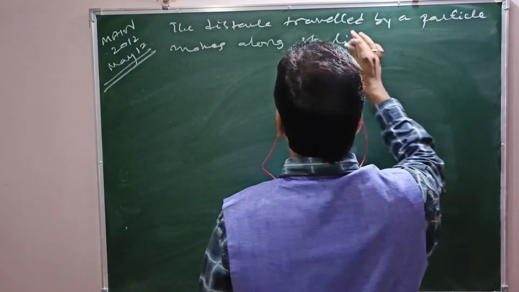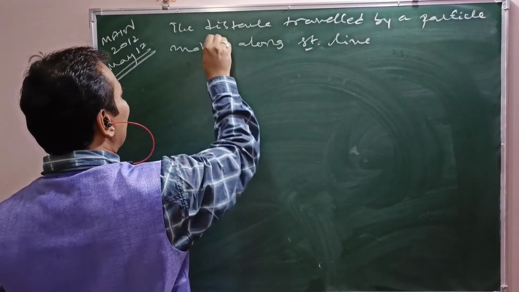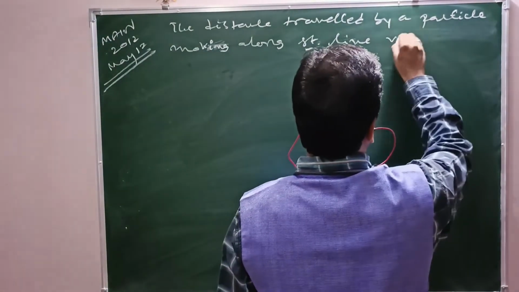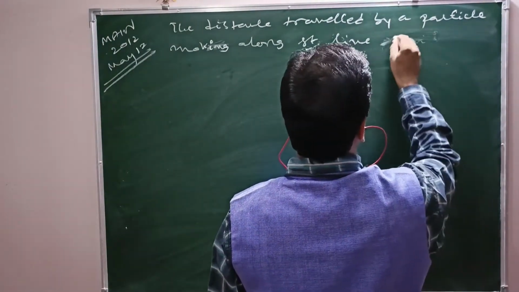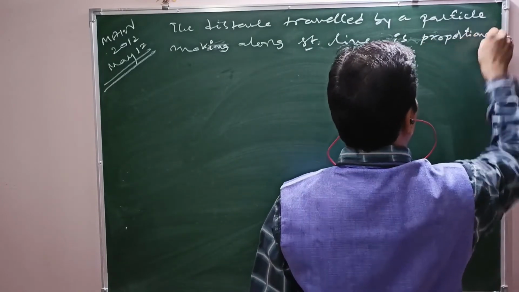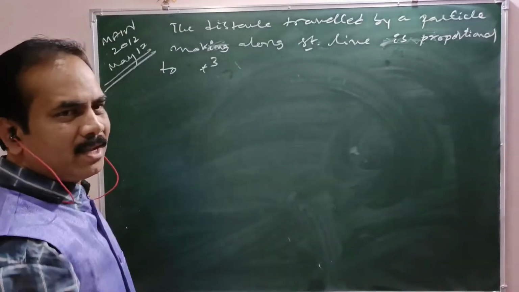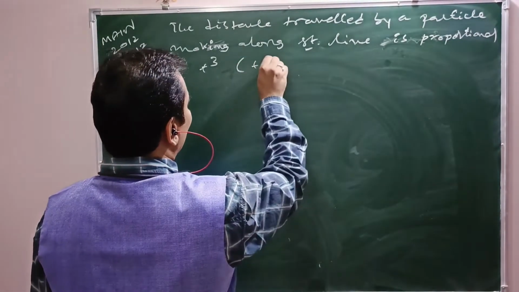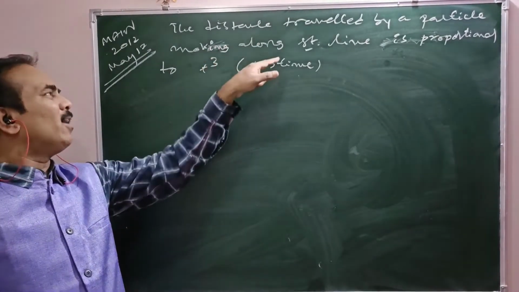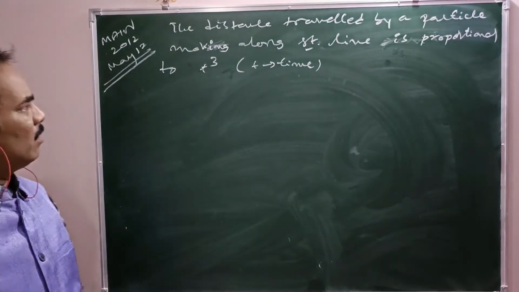The distance covered by a particle moving along a straight line is proportional to t cubed. T means time, right? It means the distance traveled by that particle is directly proportional to t cubed.